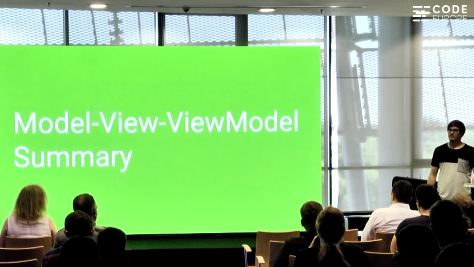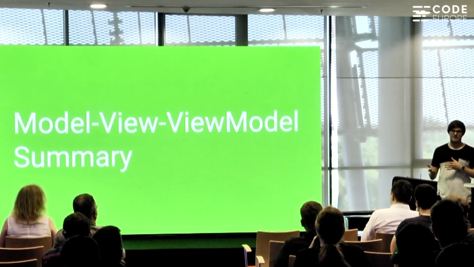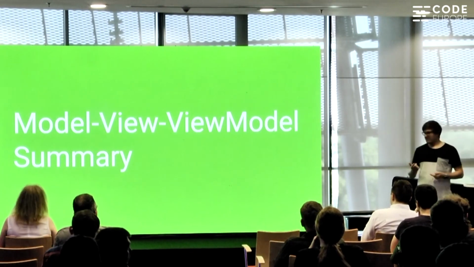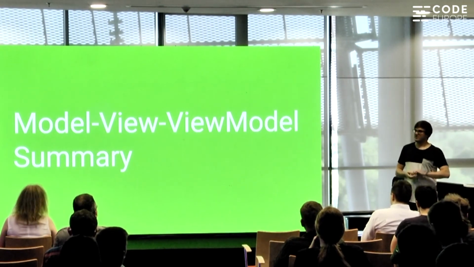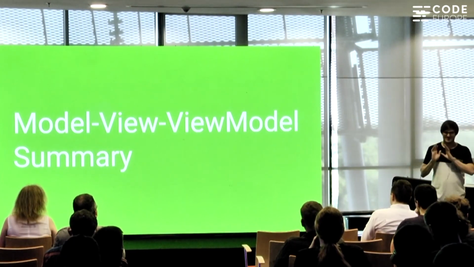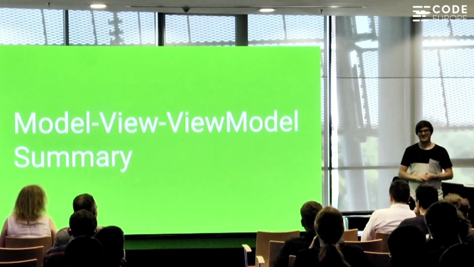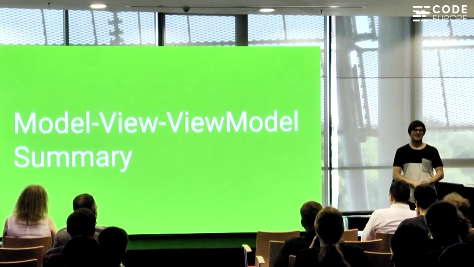In Android, view models can also handle basic lifecycle events and state saving and restoring. Also, I suggest you use dependency injection to inject all those components you need. And finally, a really important thing again, don't put any business logic in your view models. Just put all the presentation logic in it.